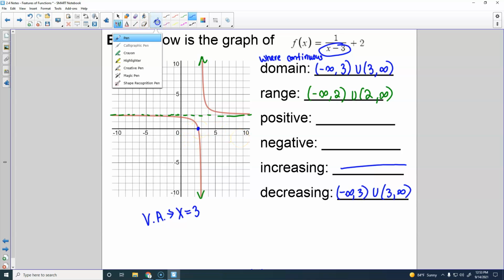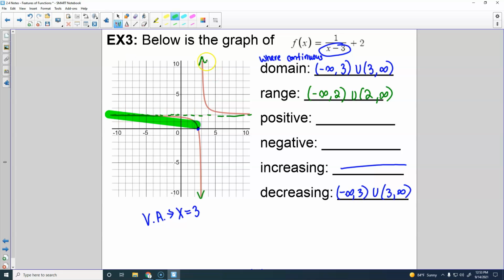So everything above the x-axis is here, and then it jumps up to here. Below the x-axis is just this part right here. So remember, when we're sectioning this off, we're talking about drawing some vertical lines to cut out that positive part.